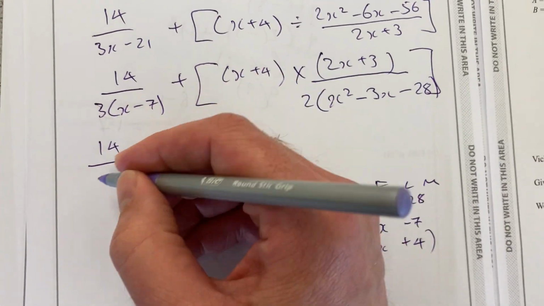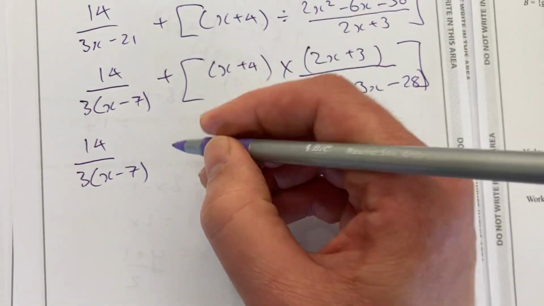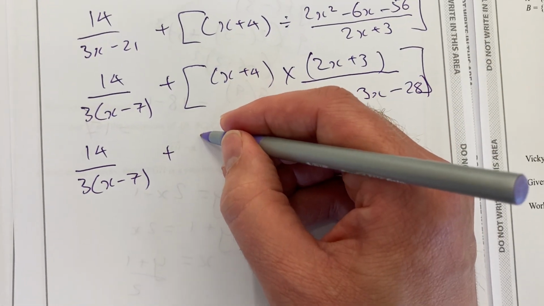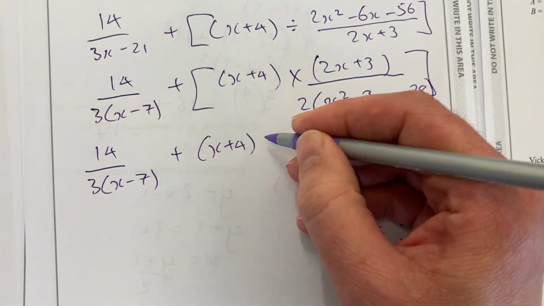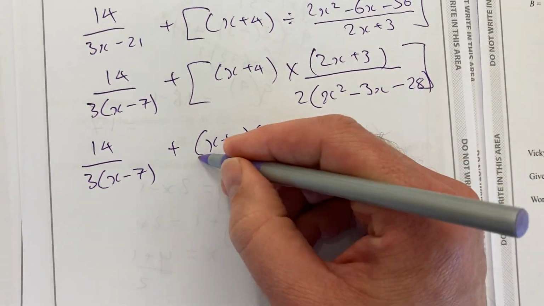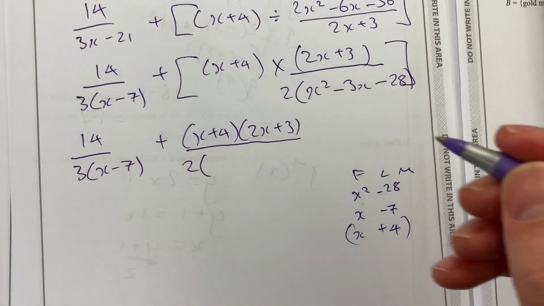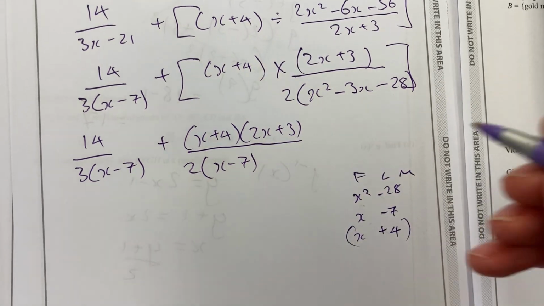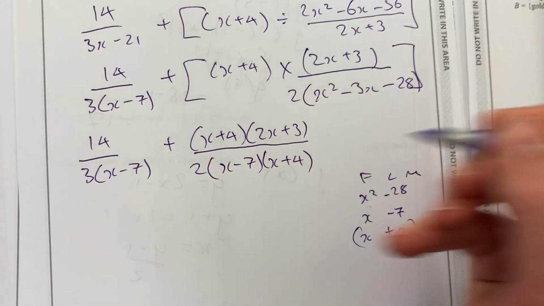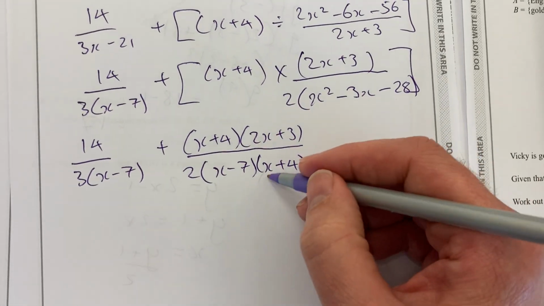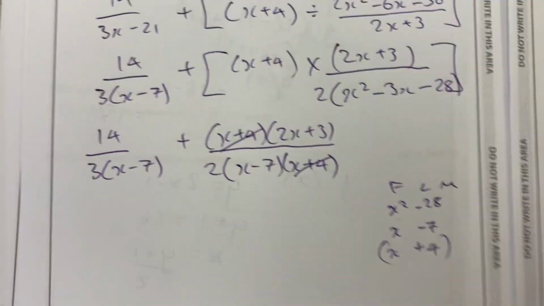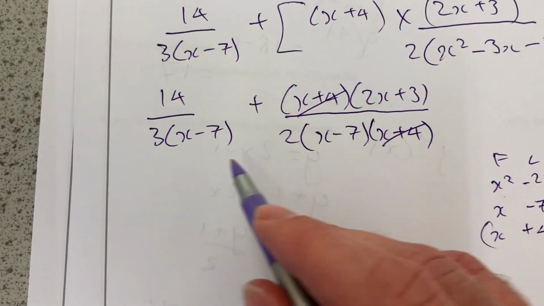So 14 over 3x minus 7 plus, I've got x plus 4 times 2x plus 3 over 2 times x minus 7 times x plus 4. Those cancel. And then I've nearly got the same thing.